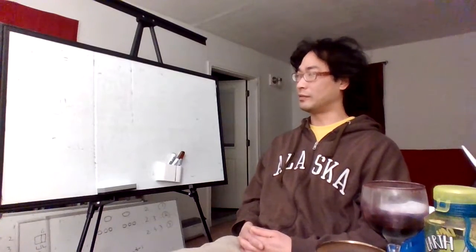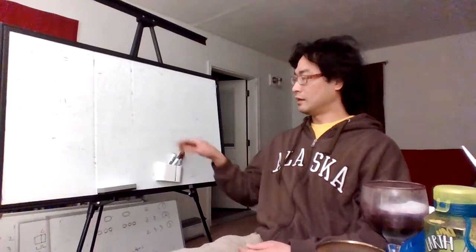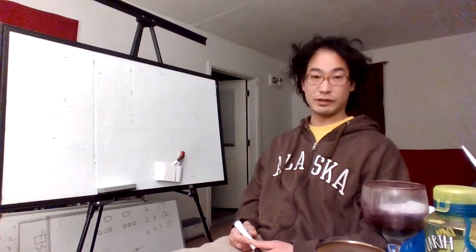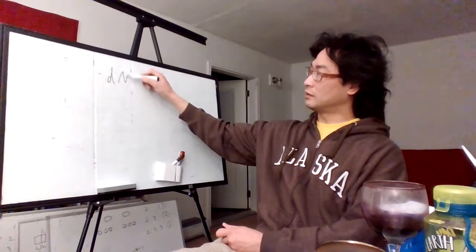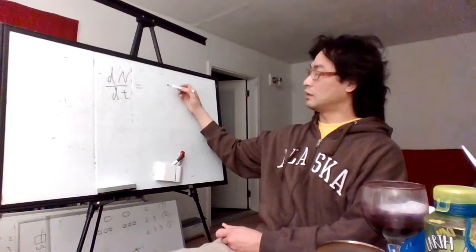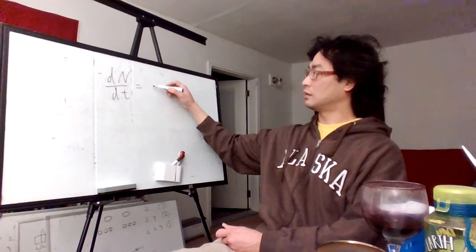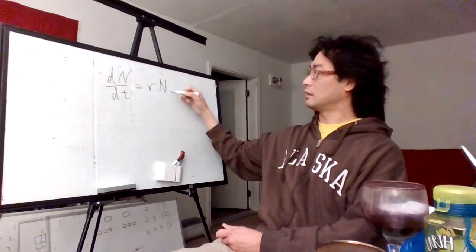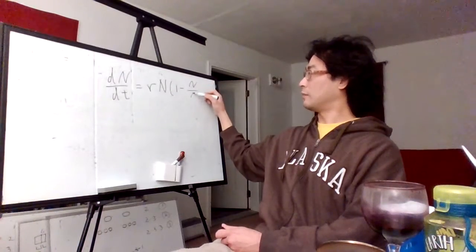But before that, let's talk about this sigmoid function. It's like this: dN/dt is equal to r times N times (1 minus N over M).